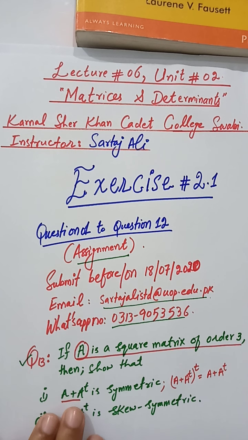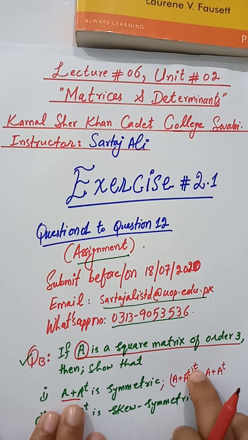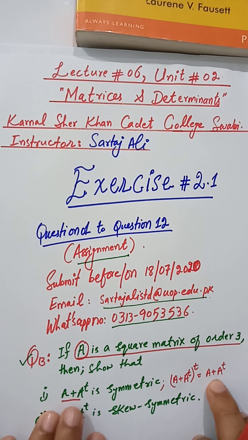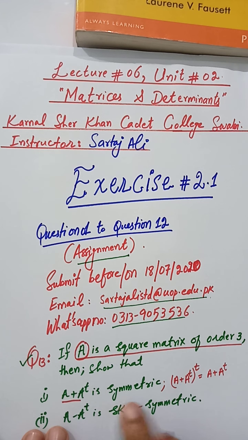So in this case the matrix is A plus A transpose, and it is said to be symmetric if we take its transpose and get the same matrix again. So for showing A plus A transpose is symmetric, we need to show this.